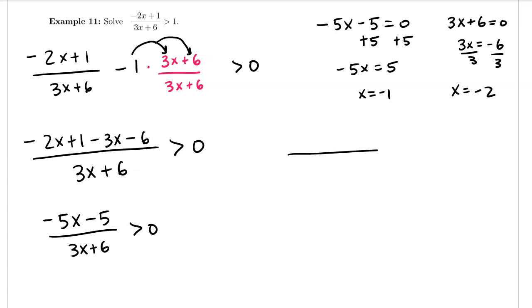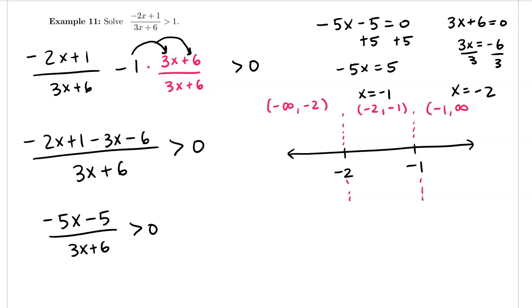Now I'm going to make a number line. I have -2 here, and I have -1 here. So my x-axis or my number line is getting broken into these subintervals from -infinity to -2, between -2 and -1, and from -1 to infinity.